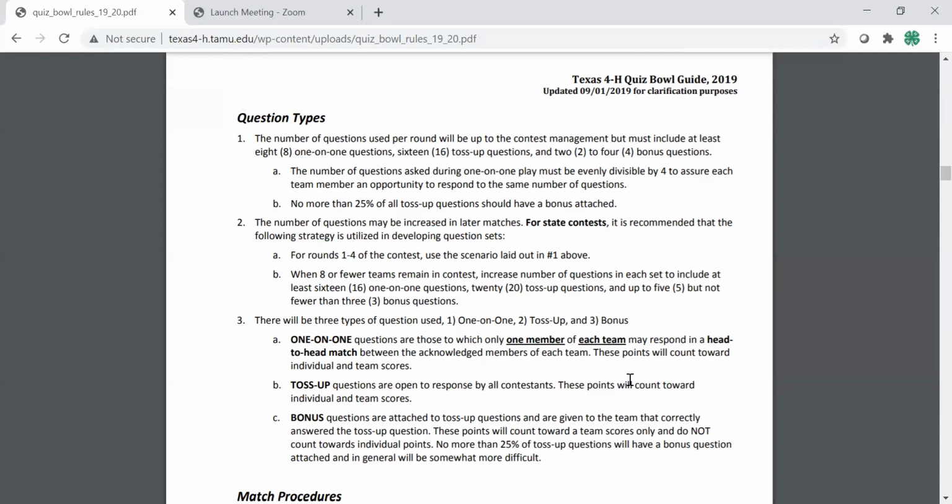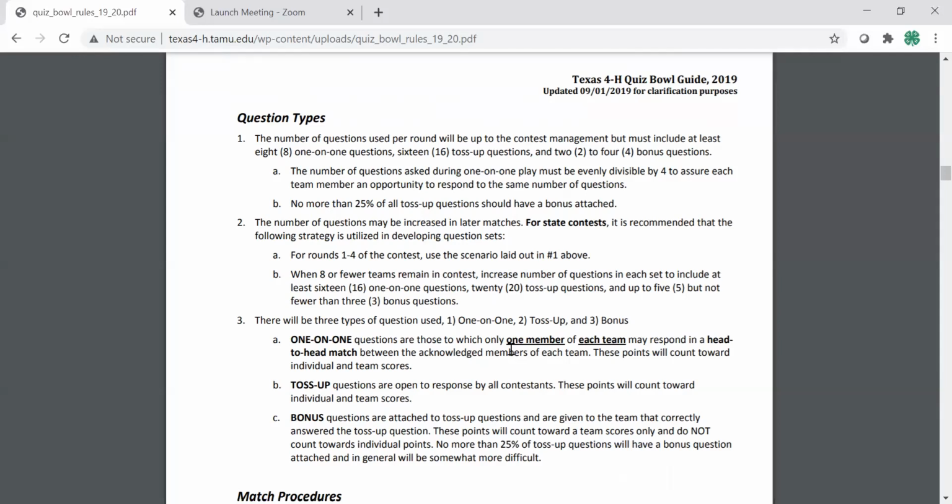These one-on-ones are at the very beginning of the match. It's a question that's only asked to team A player 1 and team B player 1. Those 2 are racing to get it. Then team B player 2 and team A player 2 have a one-on-one, and so on. That'll make more sense when I show you the scorecard, but that's one-on-one.